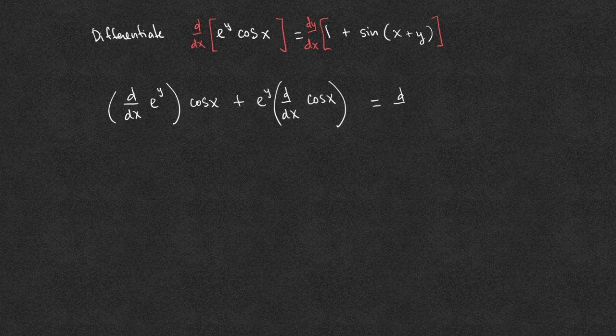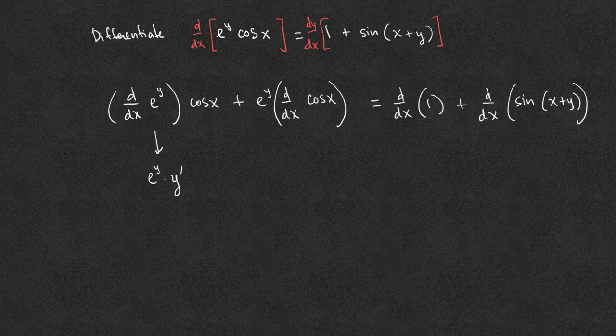So we will take the derivative of each term, the derivative of 1 plus the derivative of sine of x plus y. The derivative of e to the y with respect to x is implicit: e to the y times y prime, because the variable in the expression is y, but we take the derivative with respect to x, times cosine of x plus e to the y.